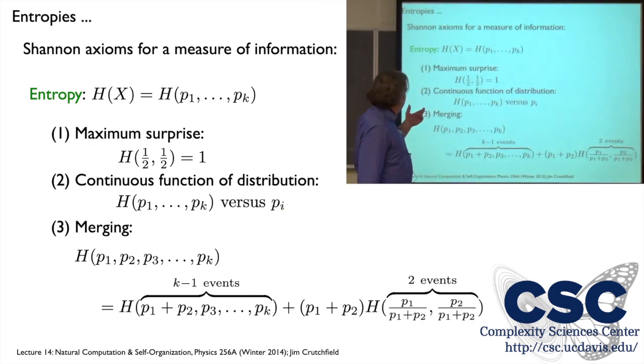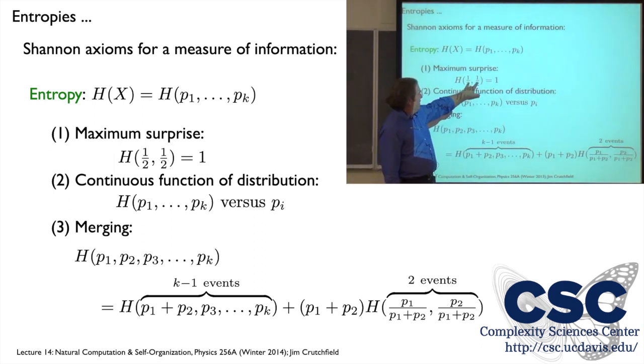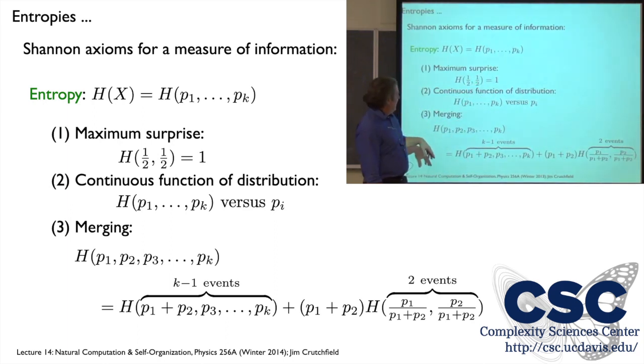Okay, so Shannon had a different set of axioms, and these are literally the ones he had. The fair coin distribution has maximum entropy of 1, a continuous function, same as Khinchin, and then he had this merging property, which I can force myself to make an interpretation of, but it's not as intuitive as, say, the independence axiom of Khinchin.